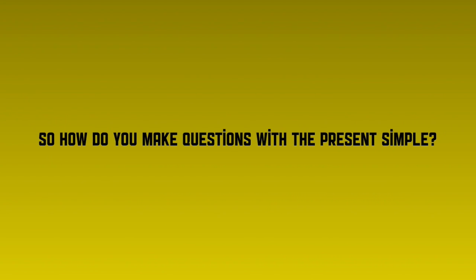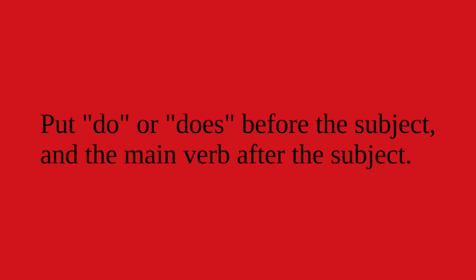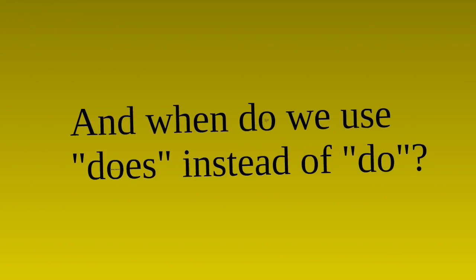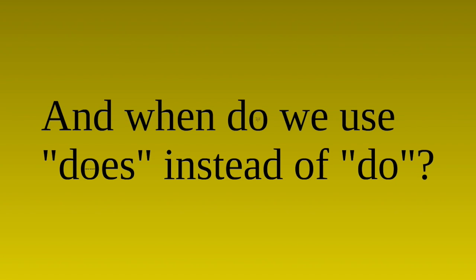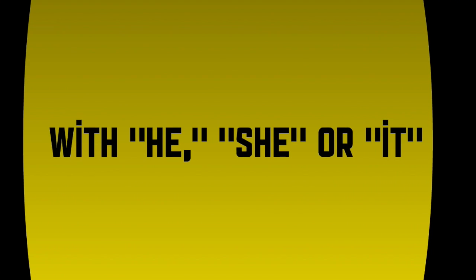So how do you make questions with present simple? Put do or does before the subject and the main verb after the subject. The main verb should be in the infinitive. And when do we use does instead of do? Yes, you guessed it, with he, she, or it.